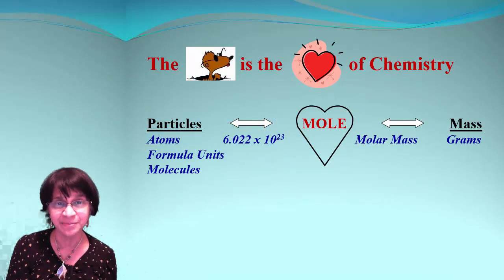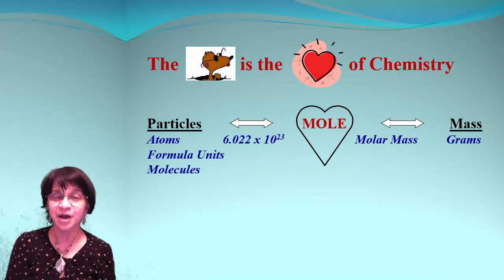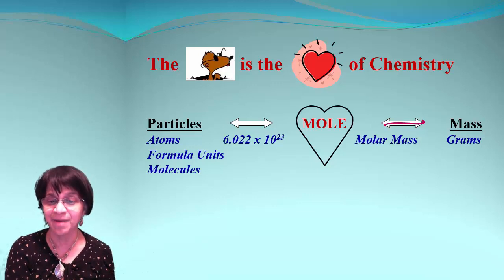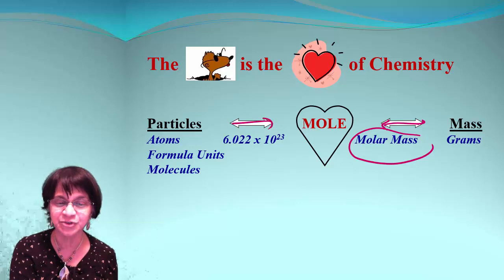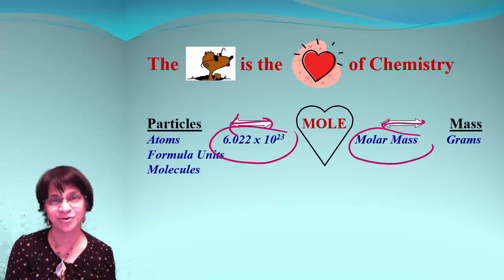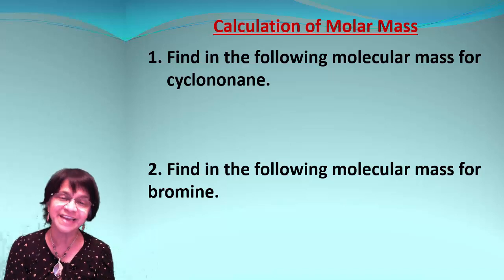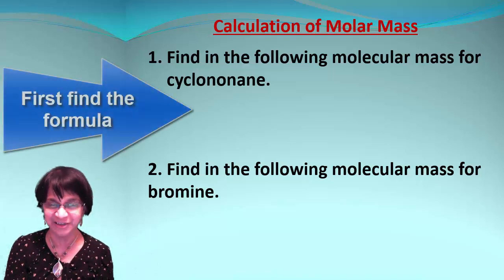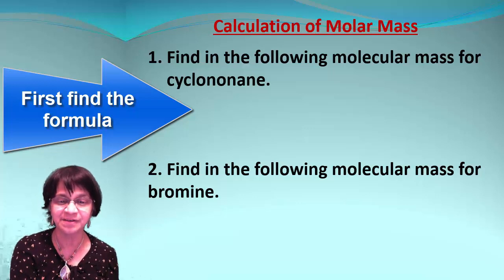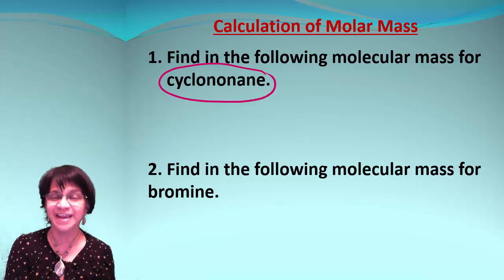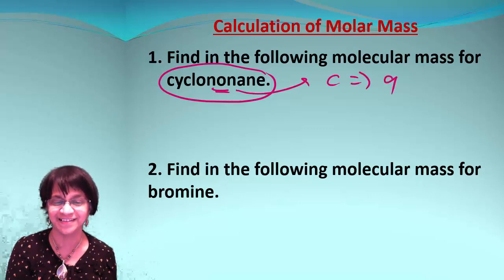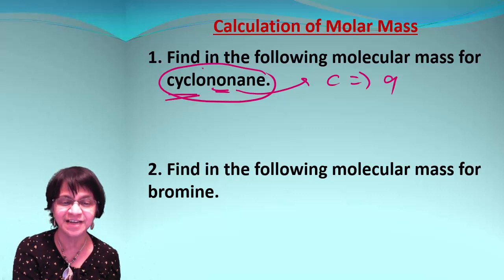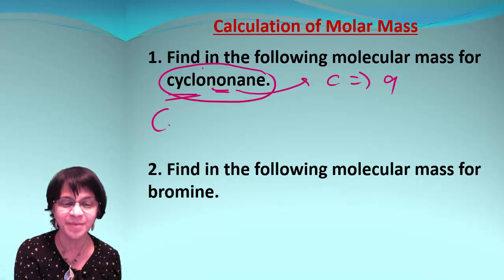We discussed this earlier, but just to refresh our memory, mole links to mass through the molar mass, and mole links to particles through Avogadro's number. Let's talk about how we calculate the molar mass for any given substance. Here's an example: cyclononane. Nonane stands for carbon atoms equal to 9, and cyclo means you are going to use the formula CnH2n.